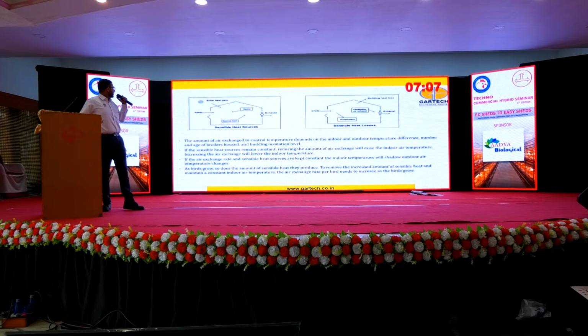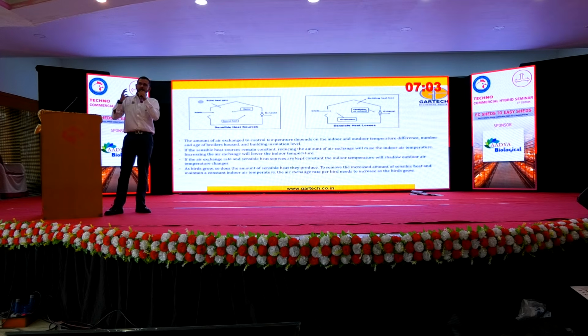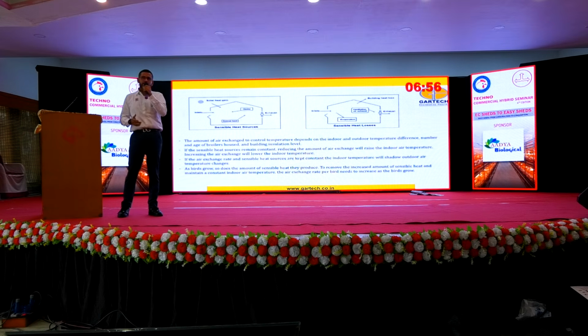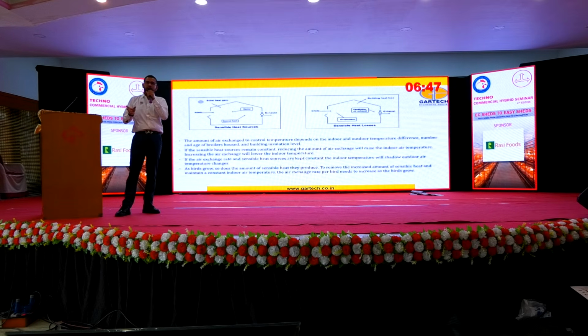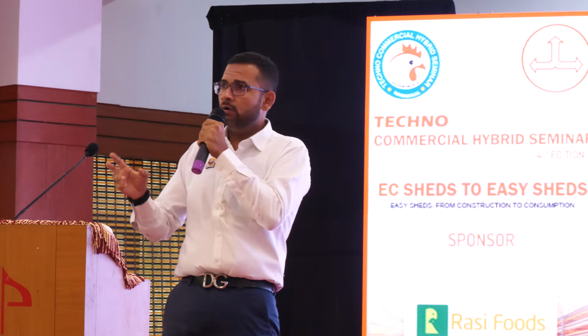So yeah, it's very simple, it is not very complicated. What do we have to do? We have to design a proper environmental control system, proper amount of air velocity has to be considered, the right amount of cooling pads have to be considered, but the house is also very, very important. The insulation of the house is extremely important when it comes to evaporative controlled houses.